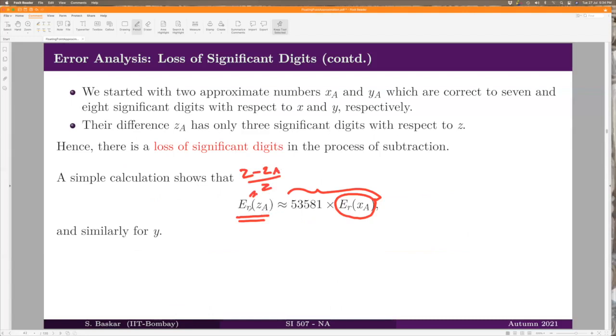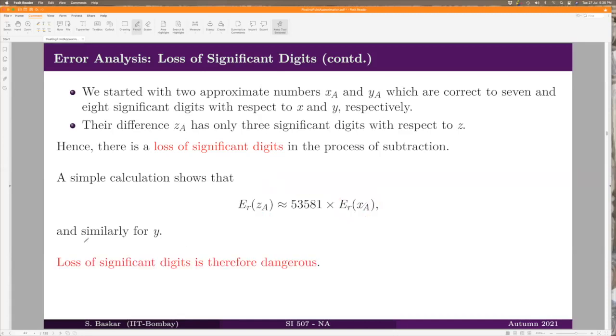You can see that the relative error in ZA is approximately 53,581 times the relative error in XA. It means you started with two numbers, but your calculation took only approximate values of these numbers. Whatever the relative error involved in them, the calculated value's relative error was amplified 53,581 times. A similar amplification happened in Y also.